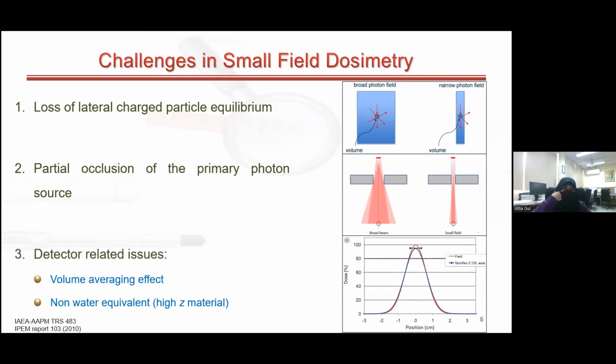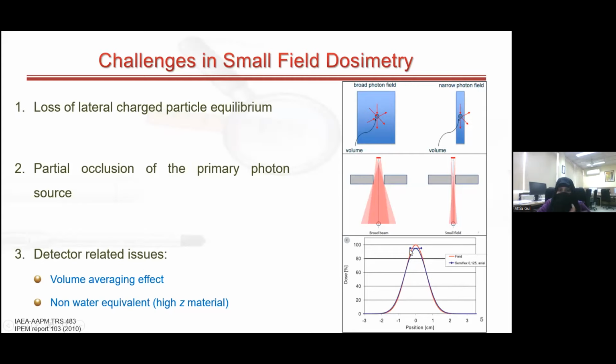And then come detector-related issues. First is usually the volume averaging effect that arises due to the finite size of the detector. When the size of the detector is comparable to or larger than the radiation beam, it will not give a true dose.